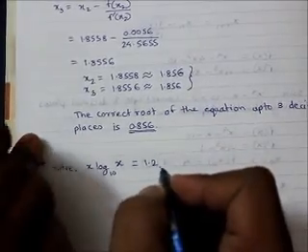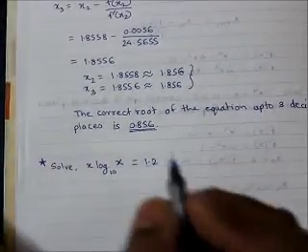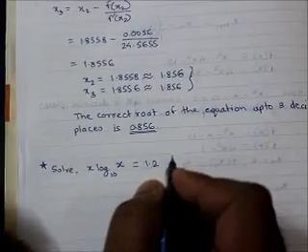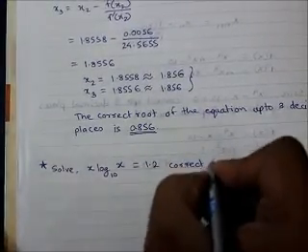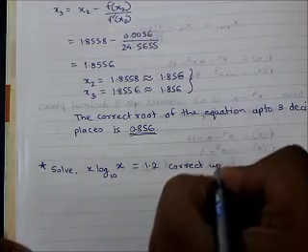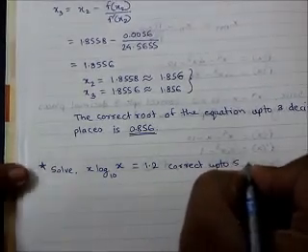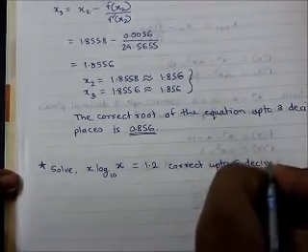I think it's one of the previous examples that we took for bisection. Here's the real catch: correct up to 5 decimal places.